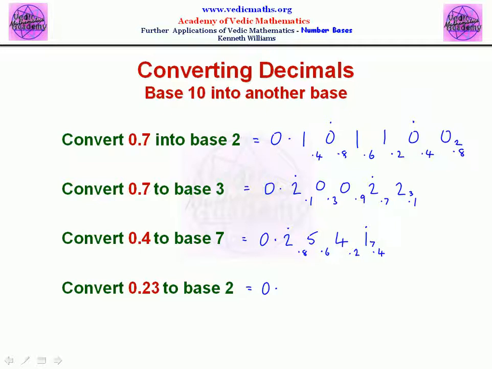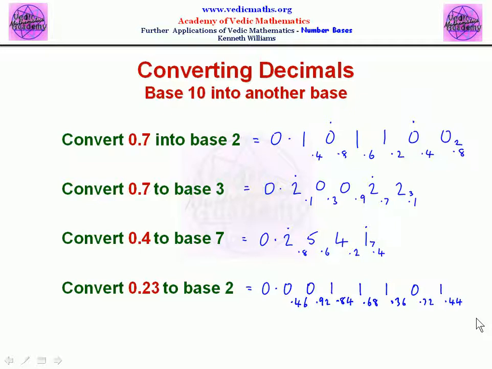So 0.23 times 2 is 0.46. 0.46 times 2 is 0.92. 0.92 times 2 is 1.84. 0.84 times 2 is 1.68. 0.68 times 2 is 1.36. 0.36 times 2 is 0.72. 0.72 times 2 is 1.44. And we go on like this.